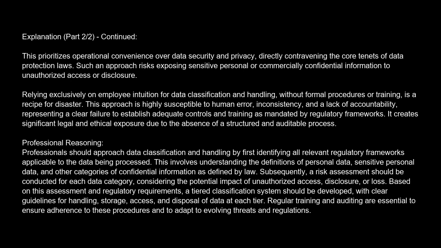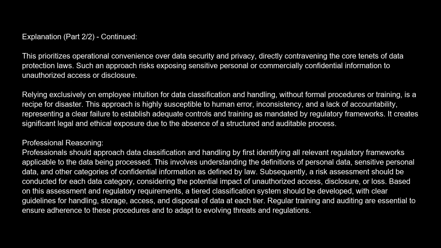Professional reasoning. Professionals should approach data classification and handling by first identifying all relevant regulatory frameworks applicable to the data being processed. This involves understanding the definitions of personal data, sensitive personal data, and other categories of confidential information as defined by law.